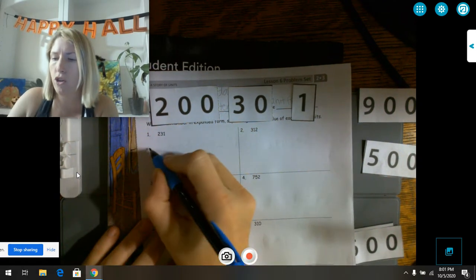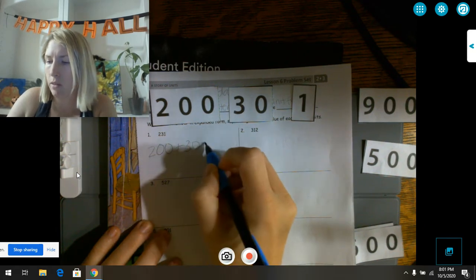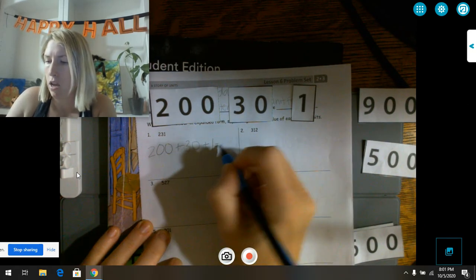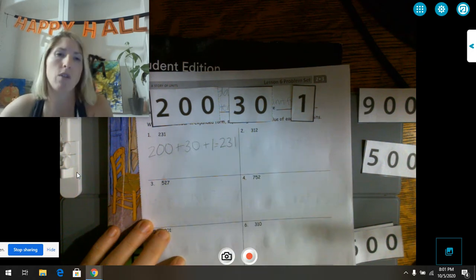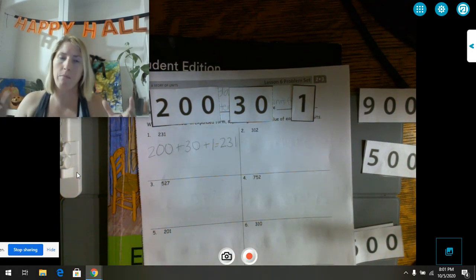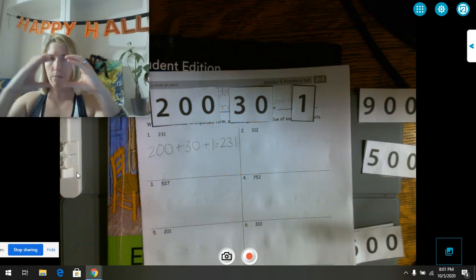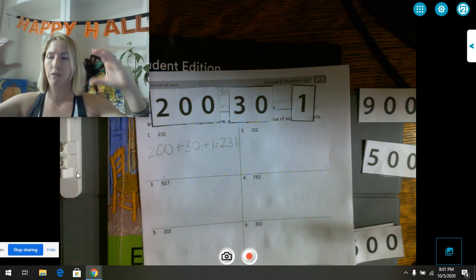So we have 200 plus 30 plus 1 equals 231. So there's our 3 parts right there, 200, 30 and 1. We're just putting them together with plus signs for expanded form. So expanded form means we're just taking that number and we're expanding it out into all of its different pieces.